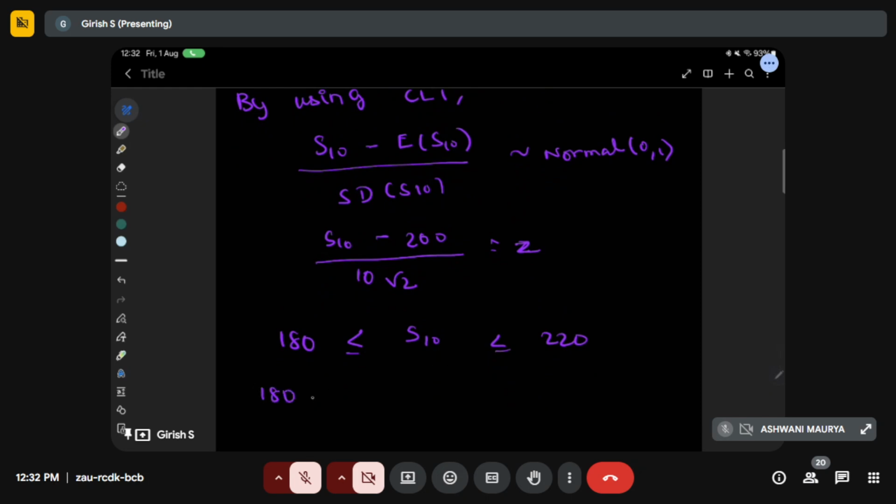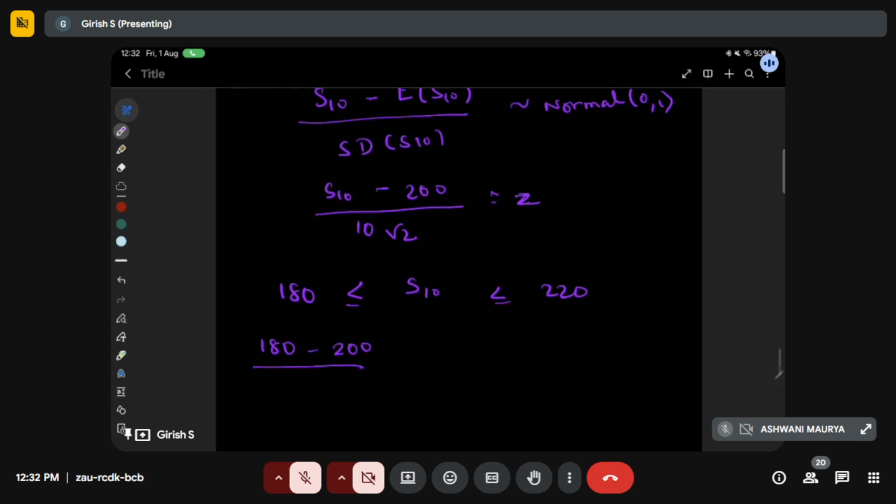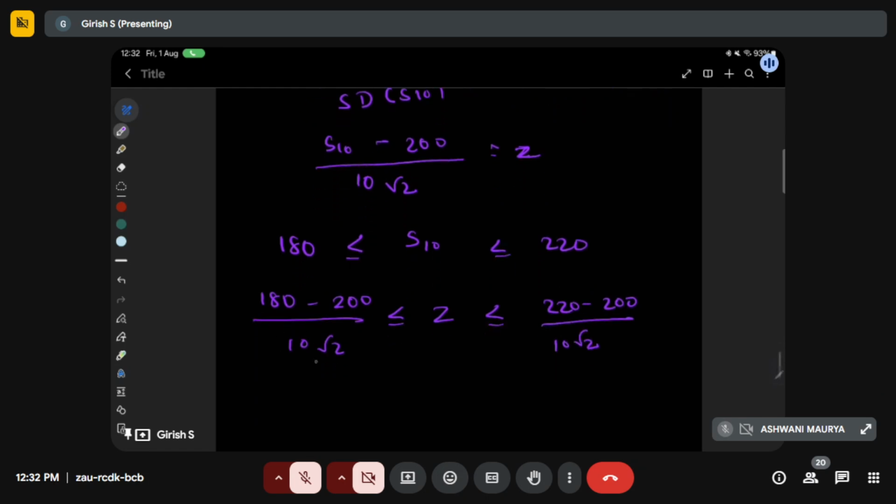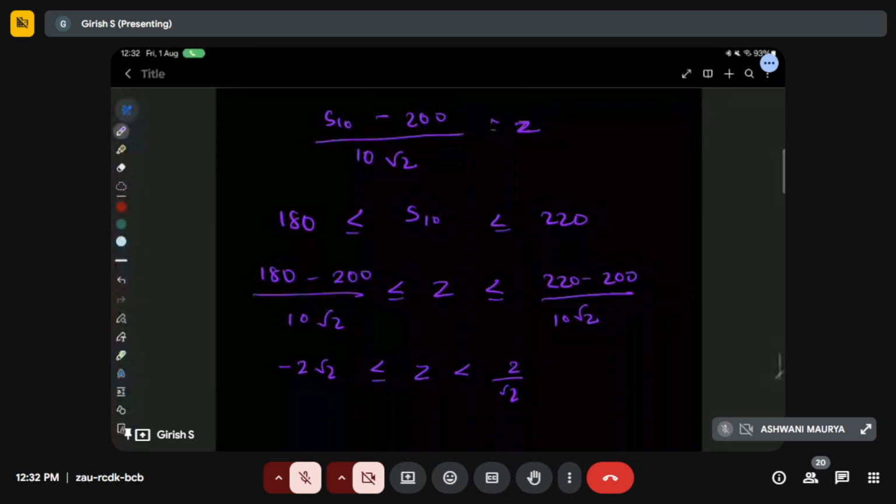I'm just trying to convert this to Z. So this can be written as 180 minus 200 divided by 10 root 2, then Z is 220 minus 200 divided by 10 root 2. And this is minus 2 by root 2, right? This is not it.